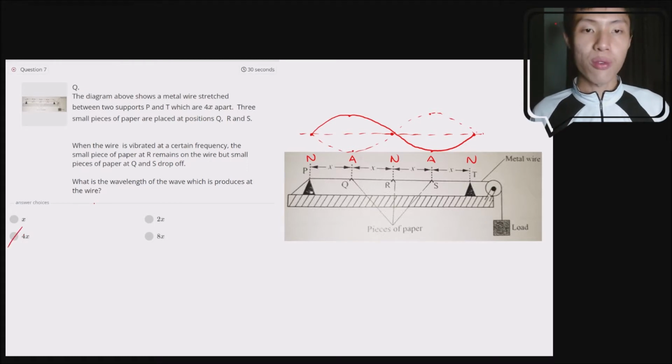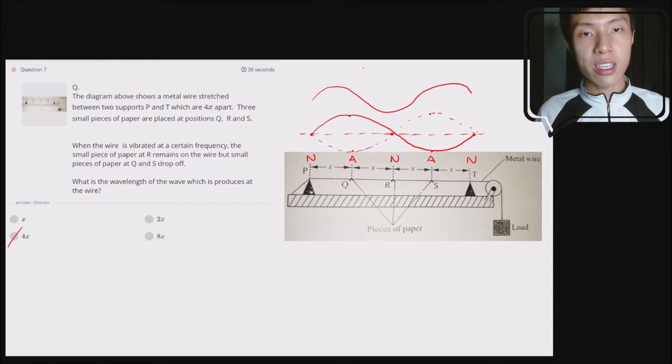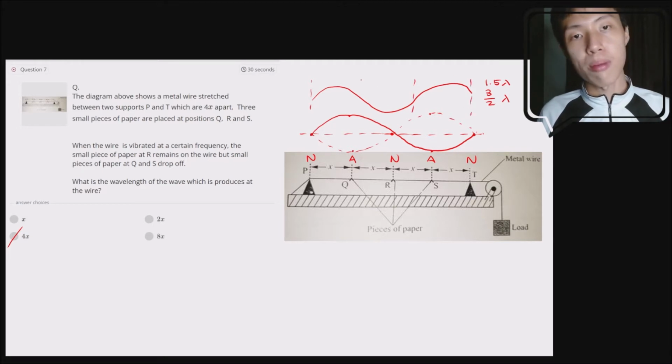Quite straightforward. Or else if you are seeing a situation where the wave is something like, let's say, up, down, up, then you know that this is 3 over 2 of lambda. There's 1.5 lambda over here, so you have 1 lambda plus half lambda.